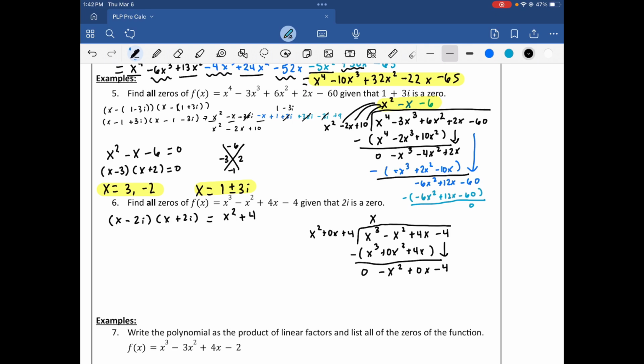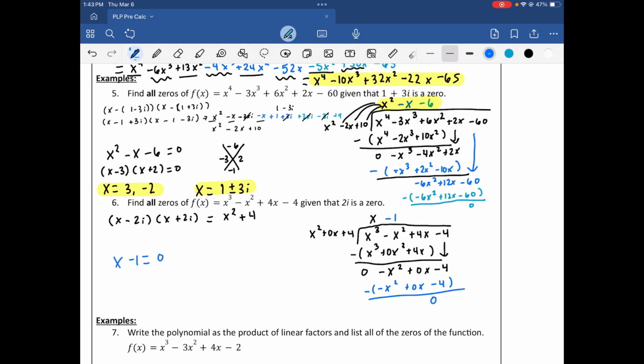And then I'm going to drop down my negative 4 and do the division one more time. Negative x squared divided by x squared is negative 1. I'm going to take that and multiply it through. And I come out with a remainder of 0.